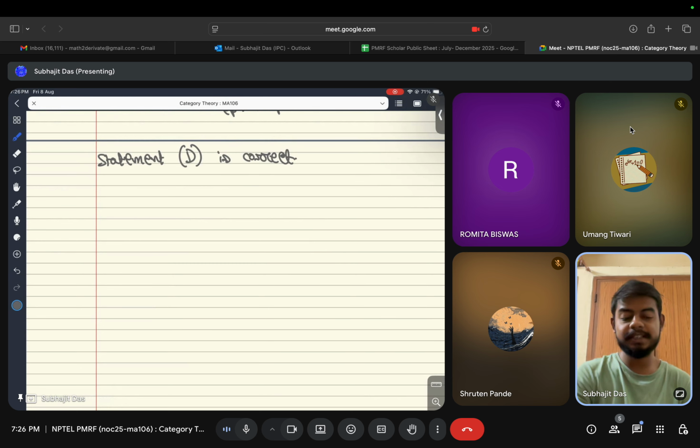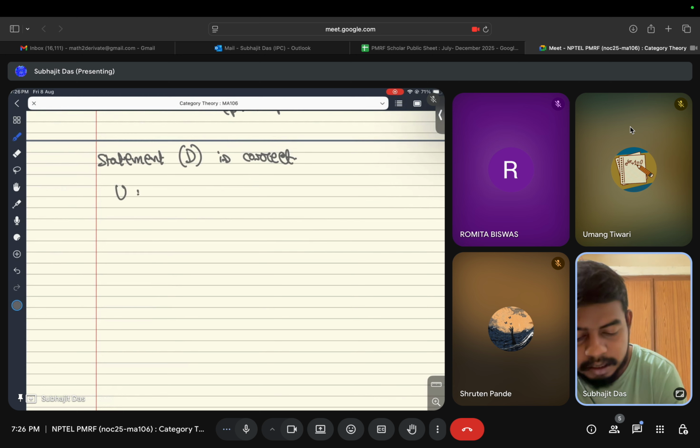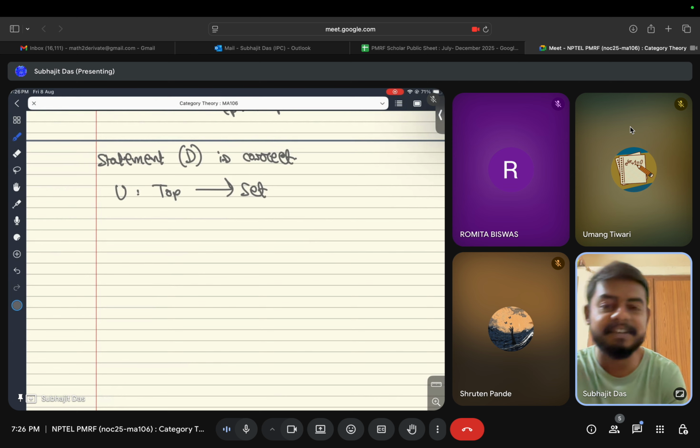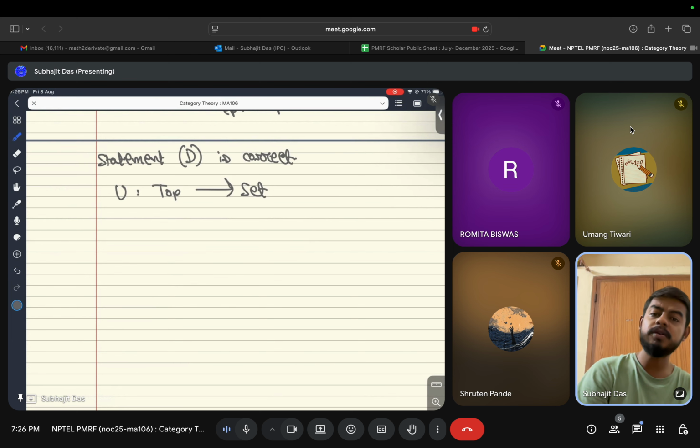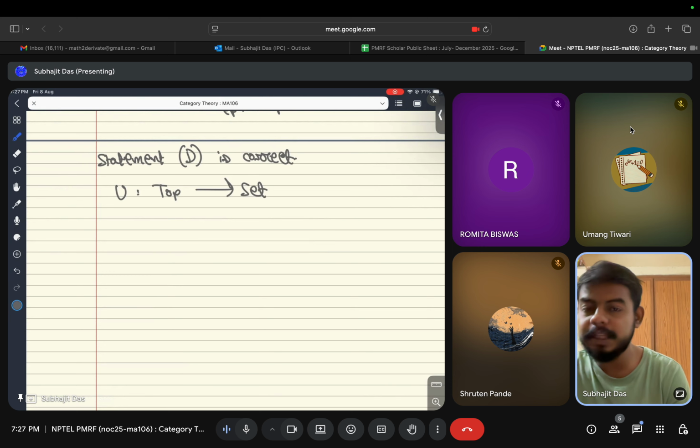So how do you show D is correct? You want to show that U from Top to Set, this is your forgetful functor, sending every space X to the underlying set X, and sending every continuous map f from X to Y to just the set map f from X to Y, right? So we want to show that U is representable. What do we want to show that means?